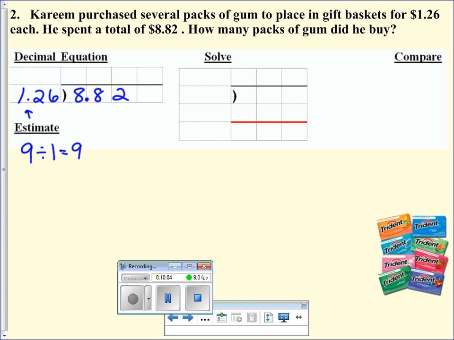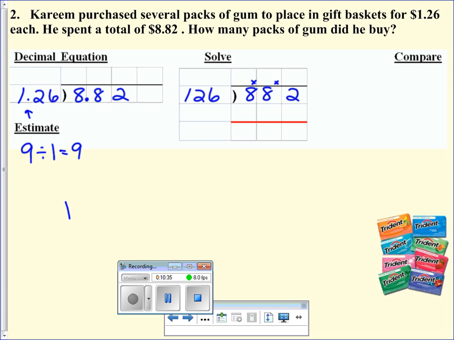So how do we make our divisor a whole number? We'll multiply it by 100. So 126 is our new divisor. So I have to now multiply my dividend by 100. And it's 882. So now I can go ahead and use my long division. Now I'm thinking my quotient's around 9. But I also know 9 might be a little too large.